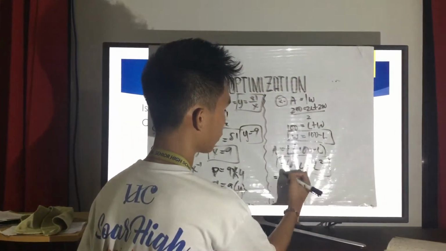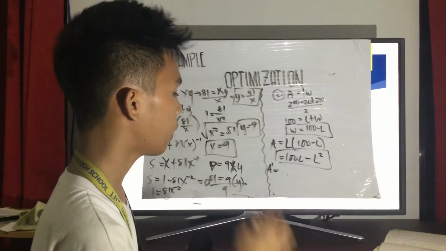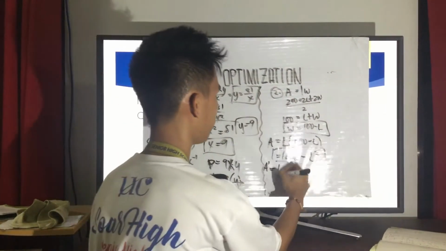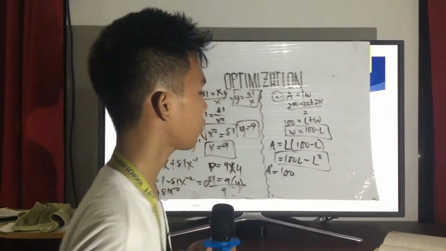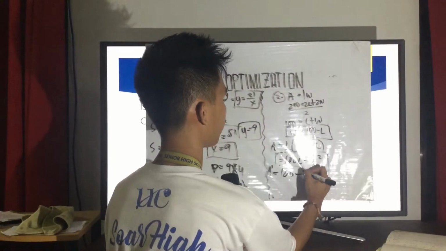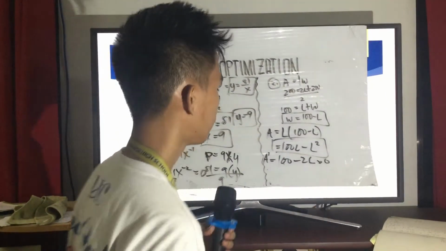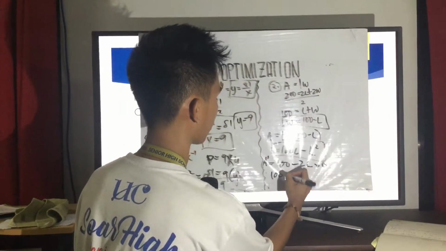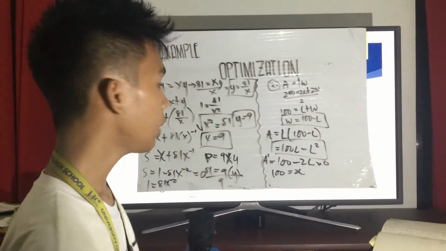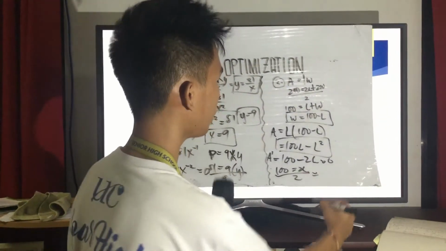So A prime is equal to the derivative of 100L, which is 100. The derivative of L squared is 2L, so minus 2L. We will equate it to 0. So 100 is equal to 2L. To get the value of L, we will divide the equation by 2. So L is equal to 50.